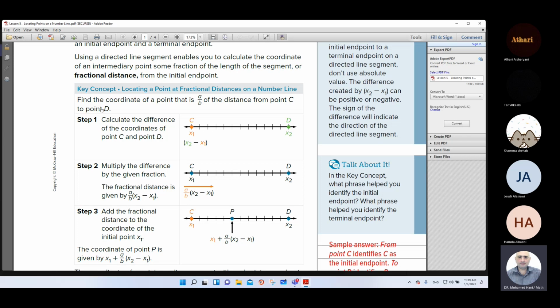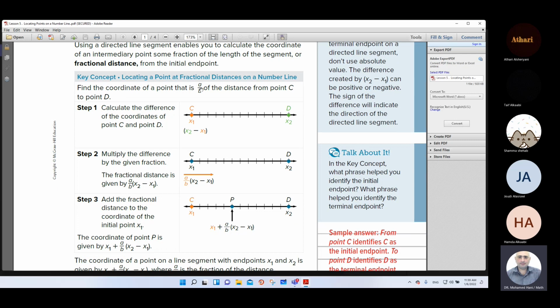What do we do to find this point using the number line? This point is between C and D. We want to represent this point between C and D. What do we do to know the location of A over B, or the coordinate of this point on the number line?